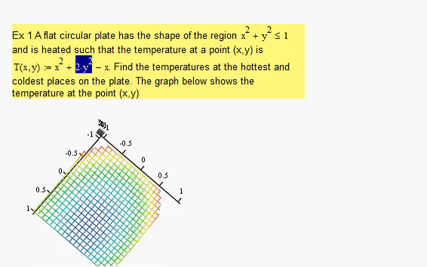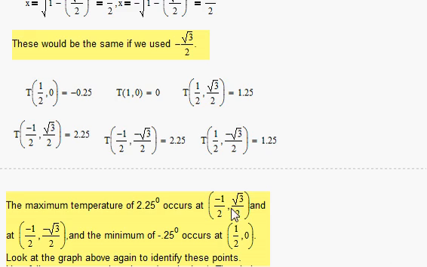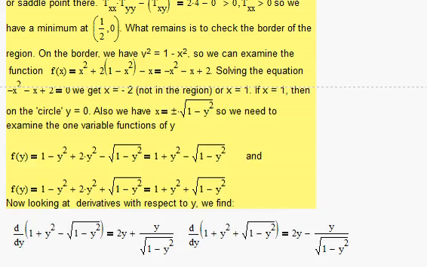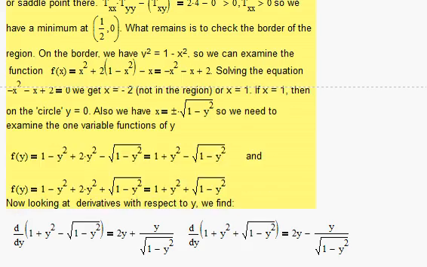So we get negative 1/4. And at 1, 0, x is 1, y is 0. We get 1 minus 1, and that's 0. So yeah, we get a temperature of 0.